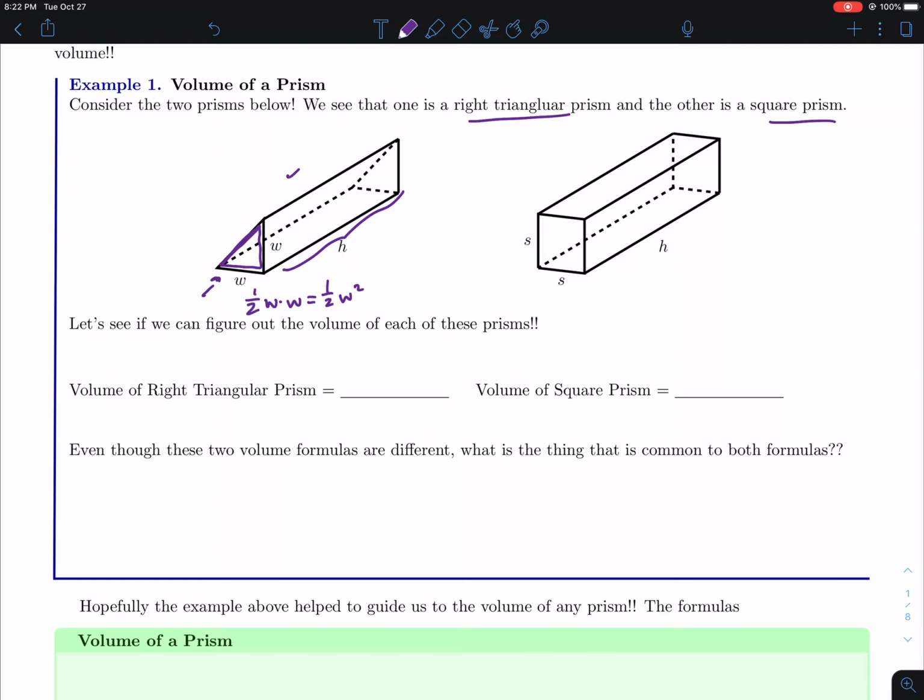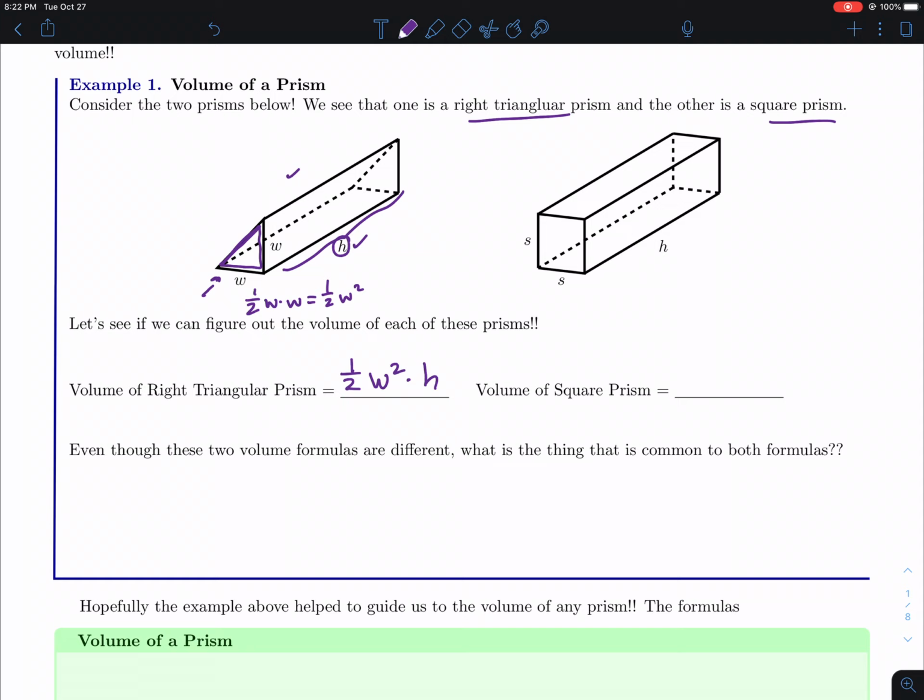You take this one triangle and put another triangle beside it, and another, and another. You're adding up a bunch of triangles, and how many you're adding would be h in this case. So our volume of a right triangular prism is 1/2 w squared times the height.